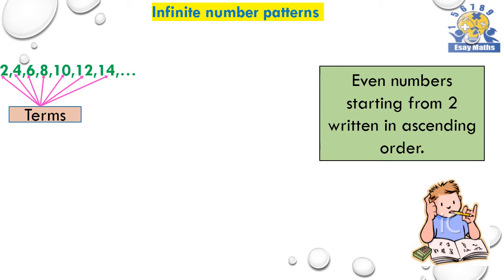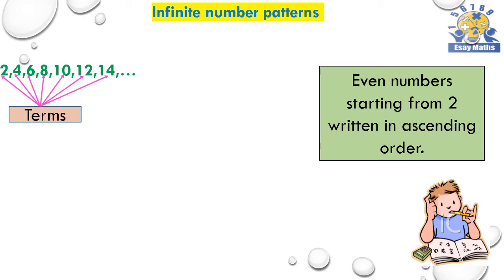But it's a difficult thing, so we can put a comma sign and 3 dots at the end of the number pattern. Here the special thing is you can put only 3 dots, not 4 or 5. We call that an ellipsis: comma and 3 dots.